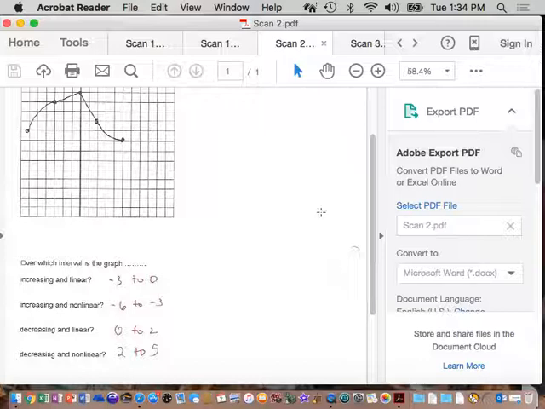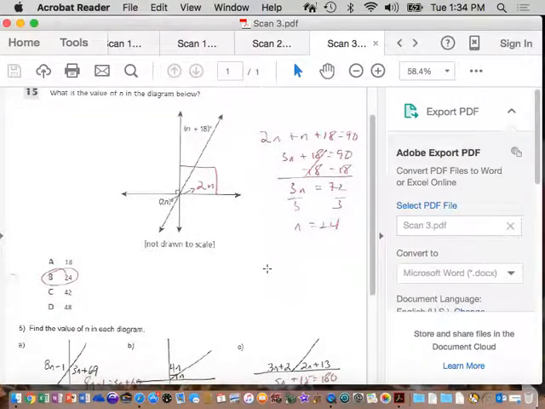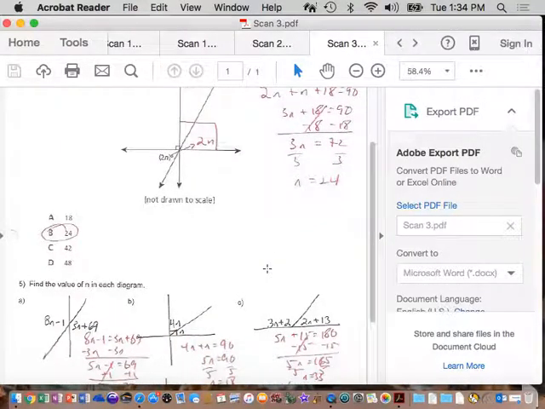Any questions? Okay, scan 3. I'll scroll up a little bit more in a minute.